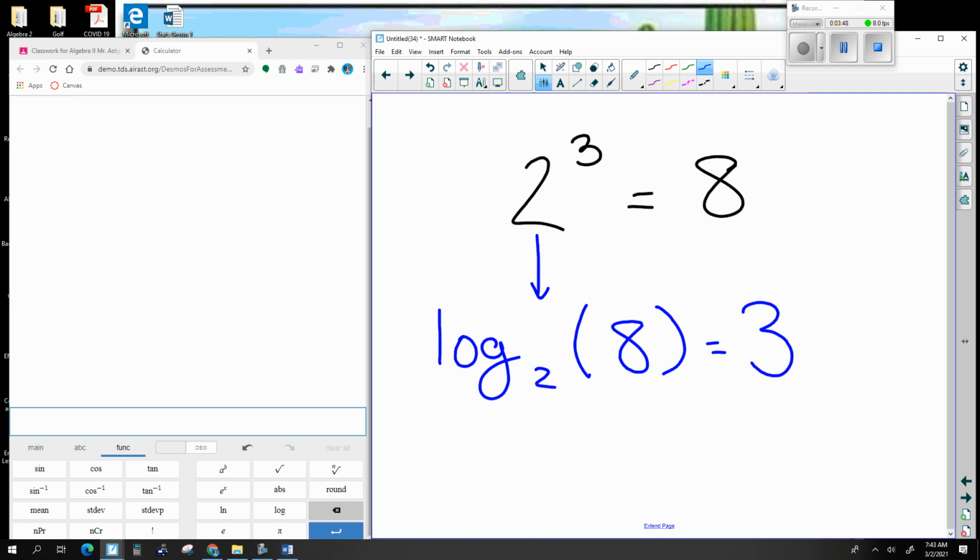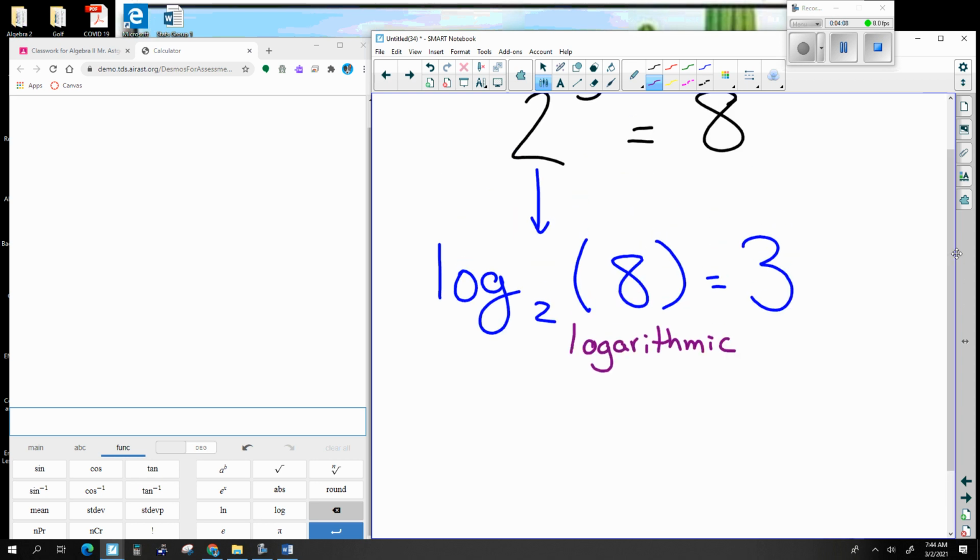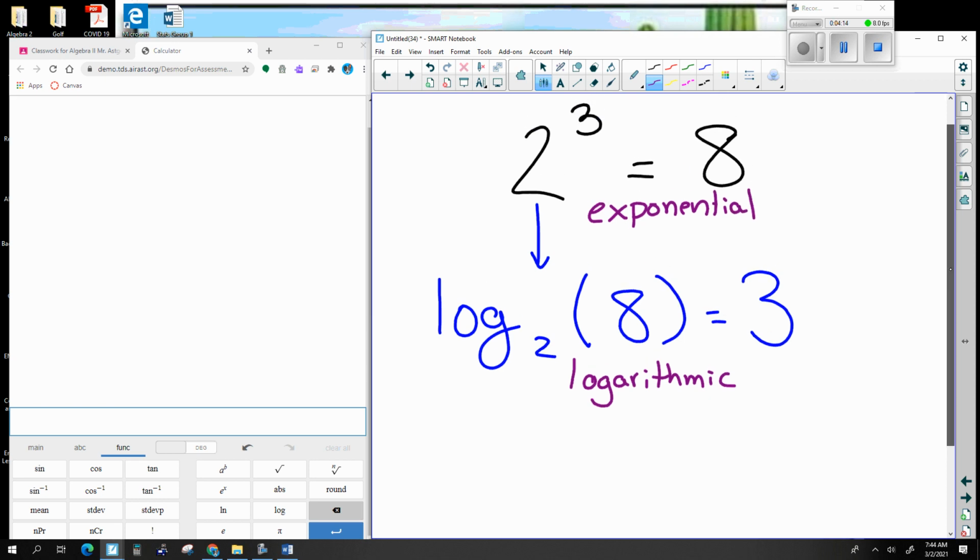This is called logarithmic notation, and this is called exponential notation. Exponential means it's written with exponents. Logarithmic means that it's written with logs.